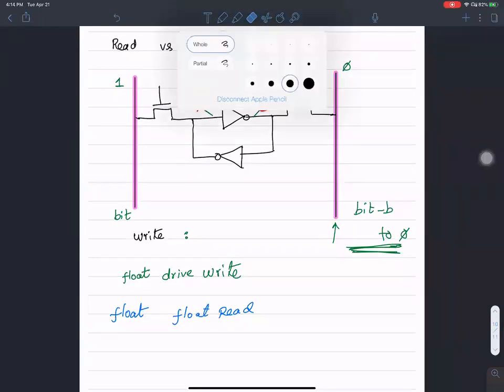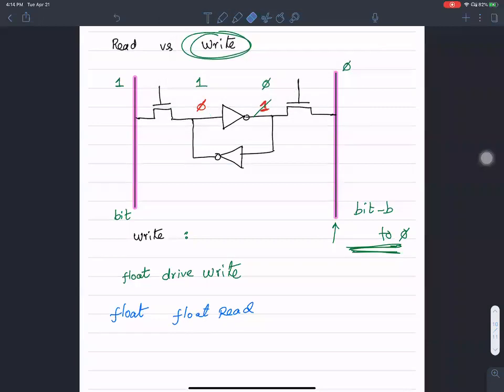The idea is you want to drive this guy, because it has to overpower what is already sitting in there. In order to do that, it needs a continuous connection to the lower power supply, because I'm trying to drive a value 0 in here. Instead, if I leave it floating, that becomes a read operation. Other questions, please?